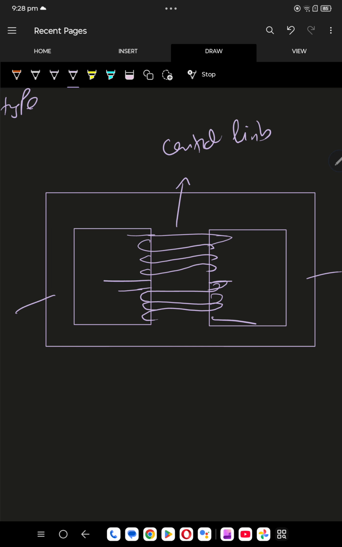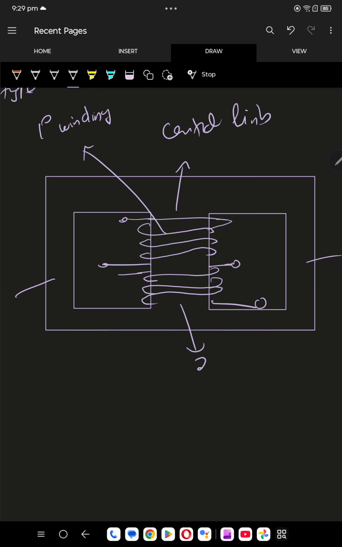Okay, I've just done a rough diagram. It's looking quite messy, but just to get the point. Okay, just so that you get the idea. So here, this is the primary winding, and this is the secondary winding.